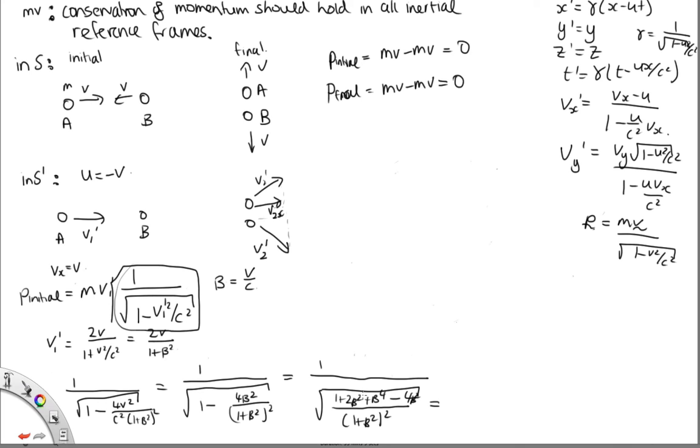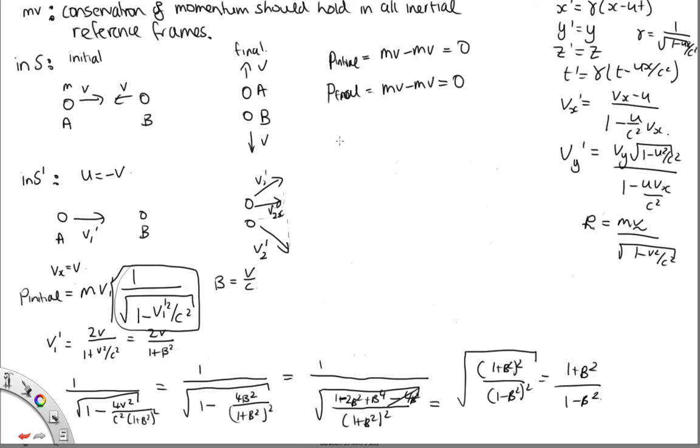And so this and this will cancel each other out and we'll end up with a negative there. So we can write this is equal to the square root of 1 plus beta squared squared over 1 minus beta squared squared. So that's equal to 1 plus beta squared over 1 minus beta squared. Now that's this term here.